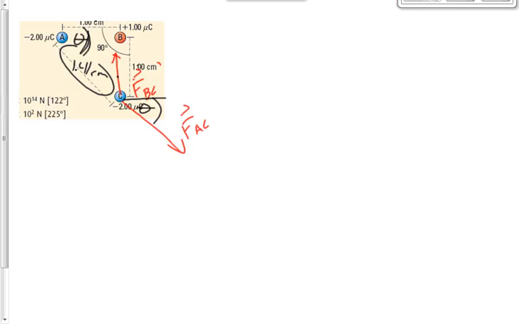Once we have the angle, what do we do? Joseph said, I don't like funny angles. We'd take it over here off to the side. We've got our angle, it'd be 45 actually, in this case. We'd have our value of FAC, and we get our x and y components of it.